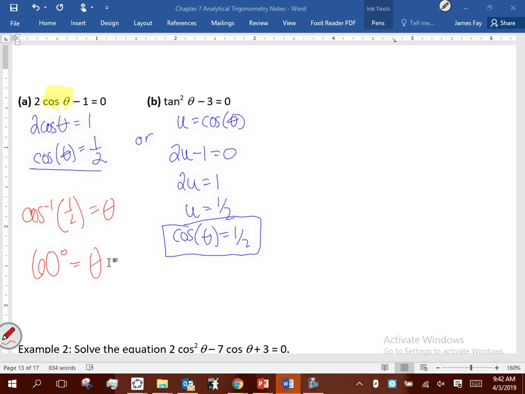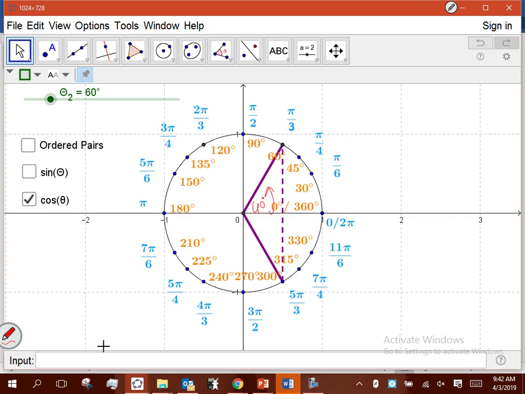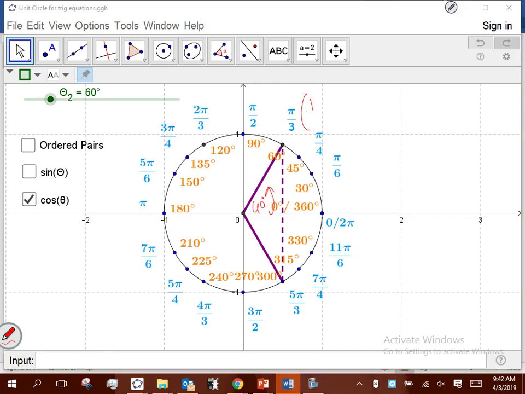60 degrees. If we look at this, the x value up here is 1/2, y value is √3/2. But isn't the x value down here also 1/2? So what would that angle right there be?